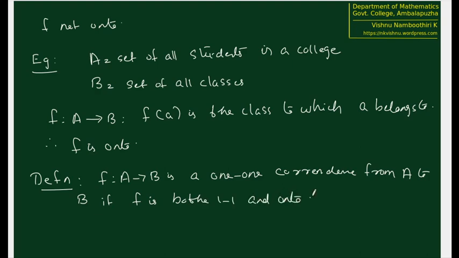If you have f both one-one and onto, we say that it's a one-to-one correspondence.